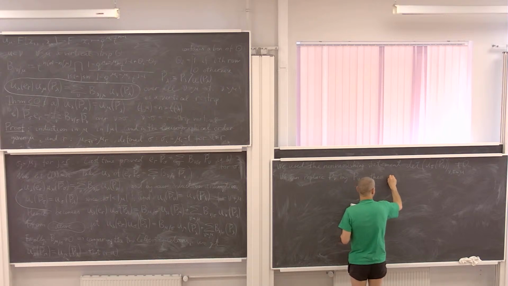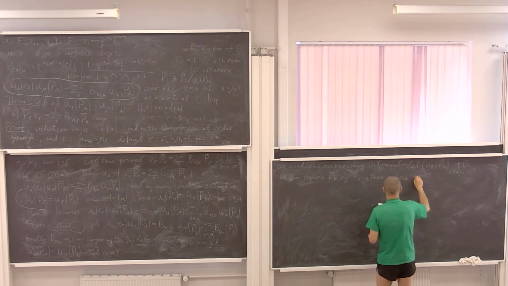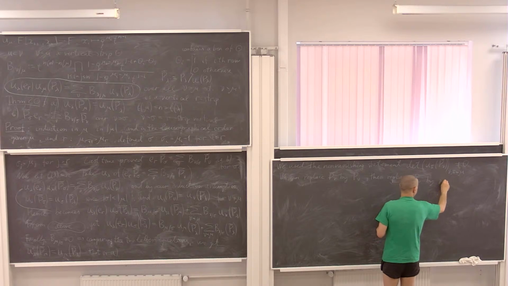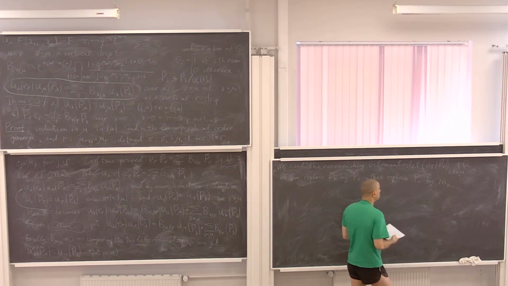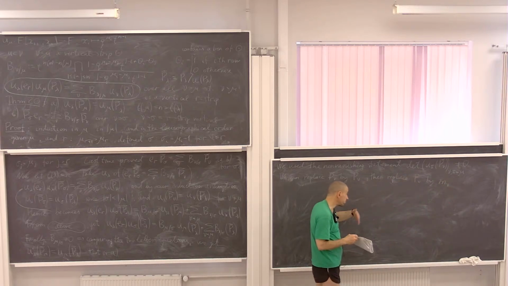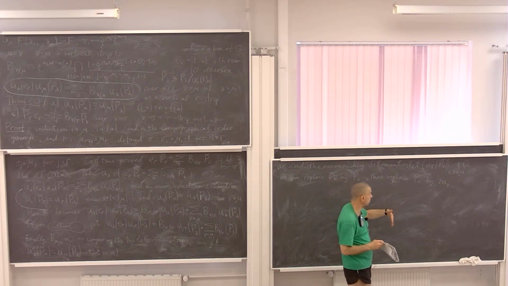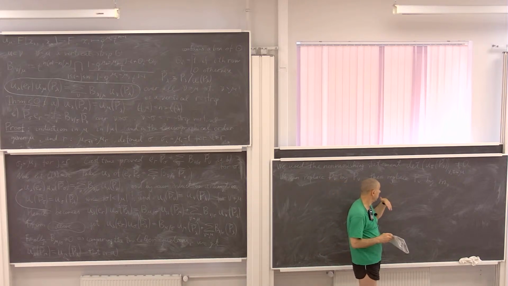Then replace p nu by the monomial function m nu, since the transition matrix is strictly upper triangular, so has determinant 1.